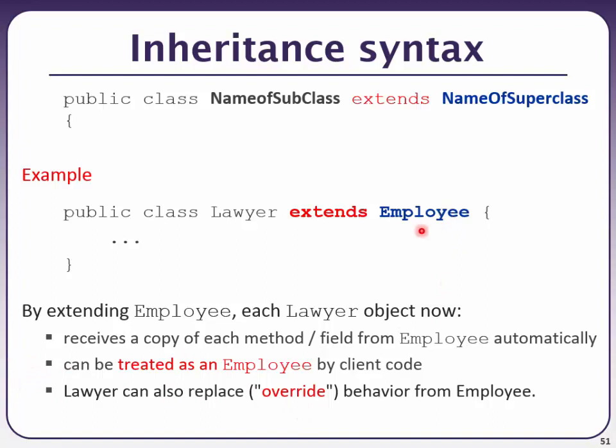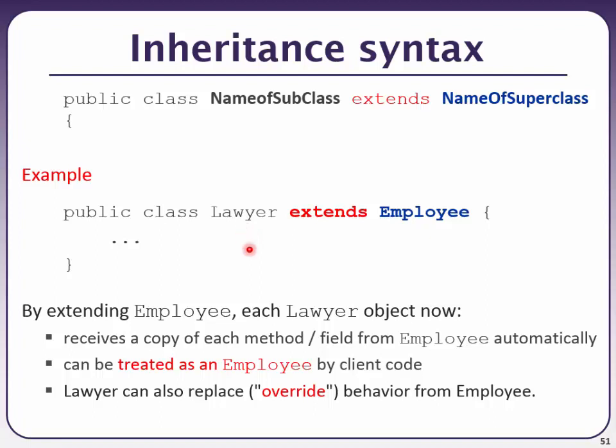So that makes it very interesting, because if you consider the two last bullet items, that means that if I write some code that is expecting an object of class Employee, working on an object of class Employee, and I call some methods that are defined in the class Employee, well, if you pass an object of class Lawyer to that code, and that code starts using the same methods that it was using on every other employee, maybe those methods behave the same way in the case of a lawyer, but it's very possible that whoever wrote the class Lawyer adapted those methods to the specifics of a Lawyer object.